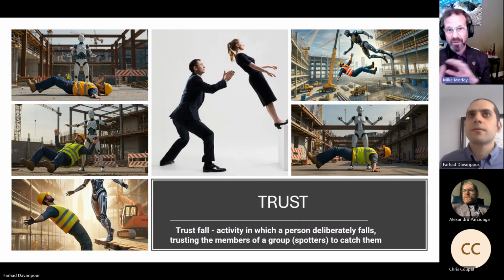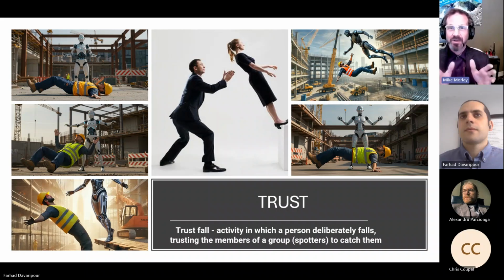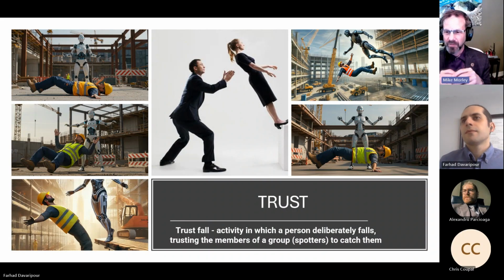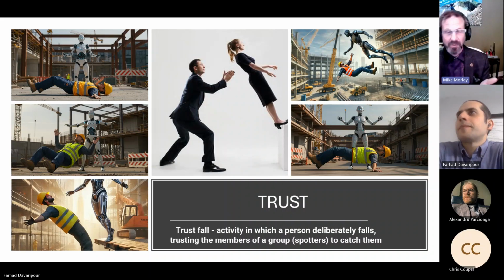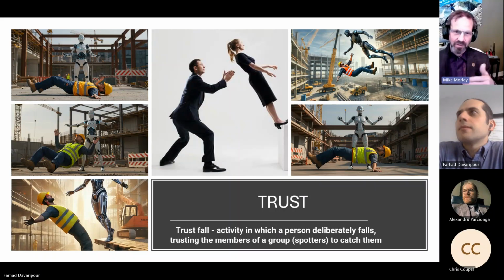So last week when I was setting up the theme around this, I sort of thought, hey, you know what would be a really great way to illustrate this whole idea is by generating an image of a trust fall. And for those of you who've done various different corporate retreats and things, this is often a team building event. The trust fall is sometimes featured as a way of helping team members understand this idea of trust.